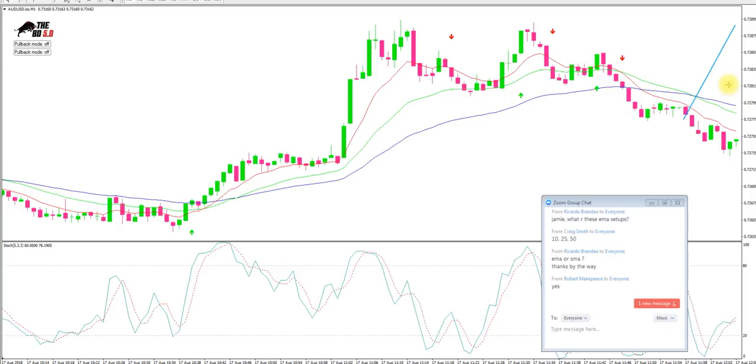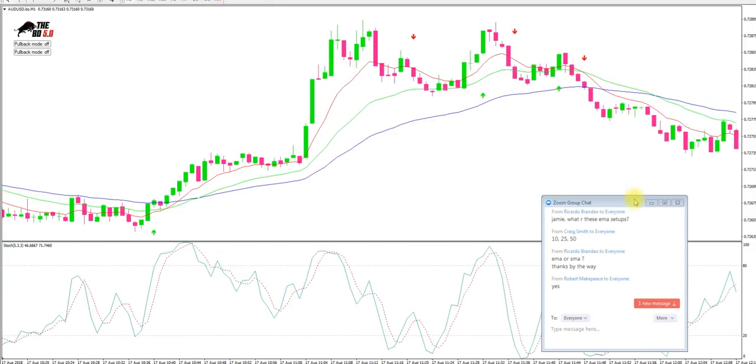It could carry on going into an uptrend, right? We need to see some kind of lower high, some kind of pullback that's lower than this here. That's what we need to look for as a confirmation to get into a trade, right? So let's carry on going.